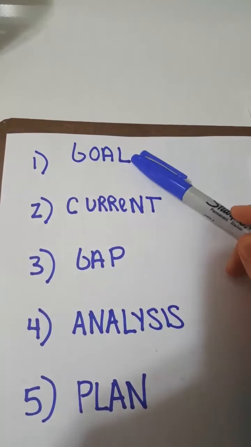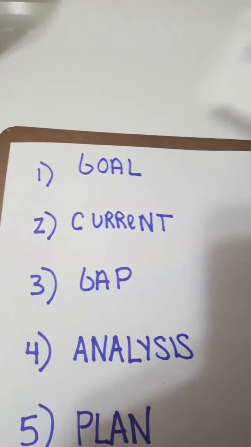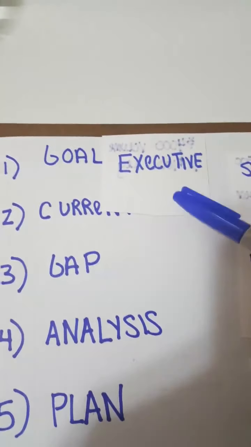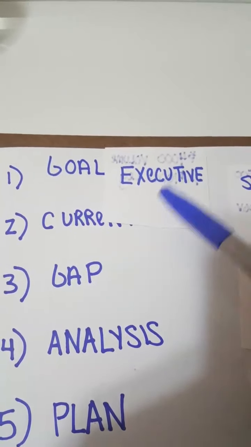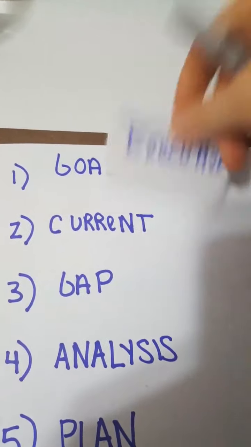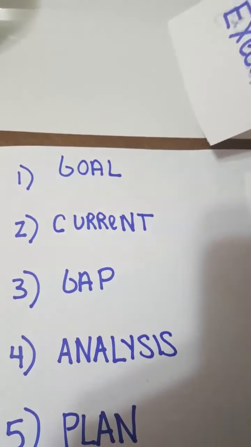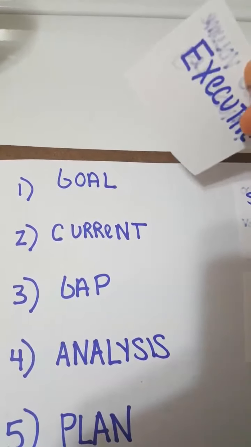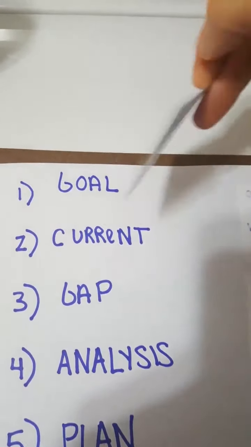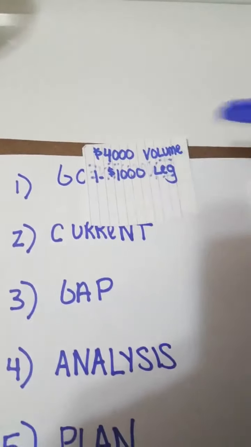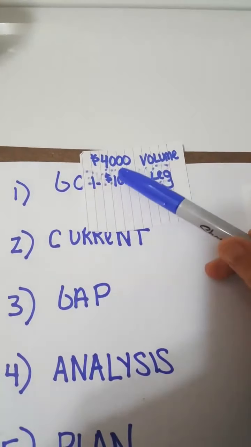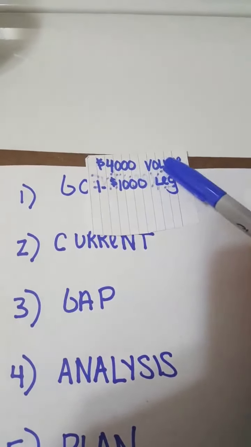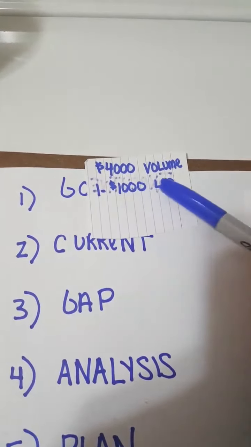So first thing is the goal, right? If you say to me, my goal is to be executive this month, okay? So we just define that goal. Now it could be an amount of money you want to make this month, or maybe you want to do it by quarter, that doesn't matter, but we start with a goal. So say it's executive. Well, we know for executive, we need to have a $4,000 OGV volume and one $1,000 leg.